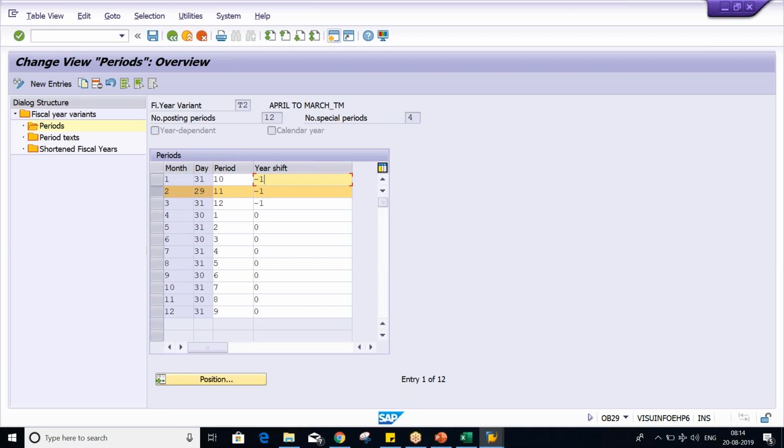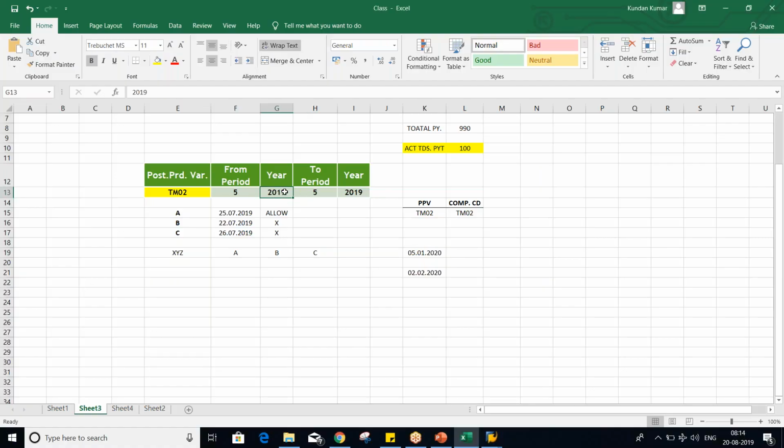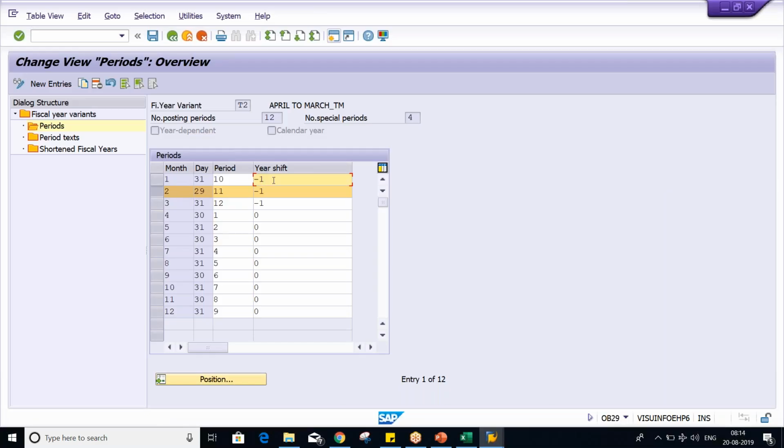So once we open the posting period, we have to specify the year also. In the actual posting date, it will be showing a different year, but for the period which we have opened, the year is different. So how will the system be able to coordinate? So we have given year shift here. Year shift means whichever year is there in the posting date, the system is going to reduce one, and this is how the system will be able to identify the actual year. So this is the logic, guys.